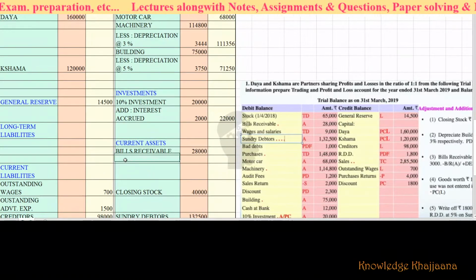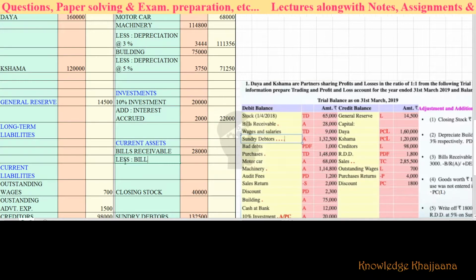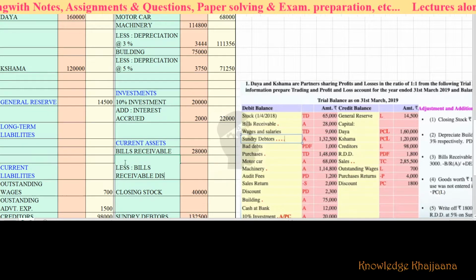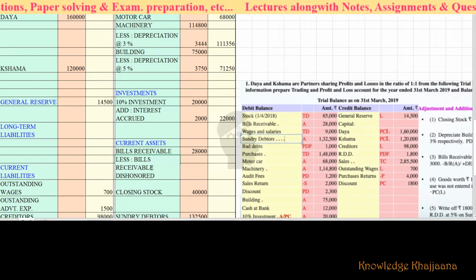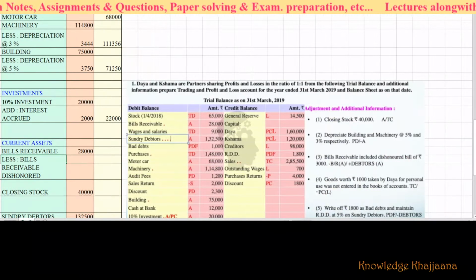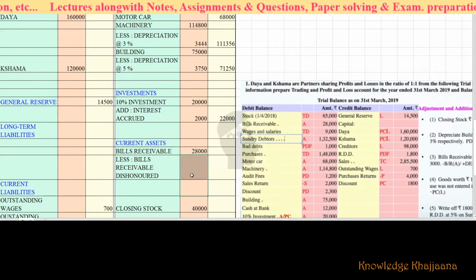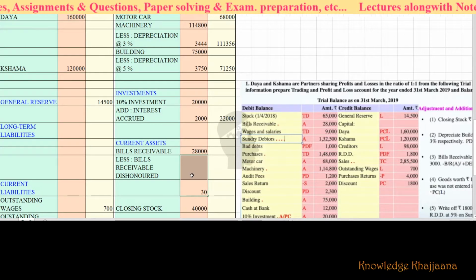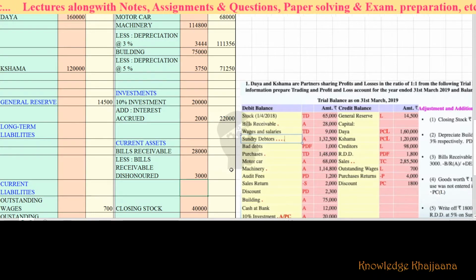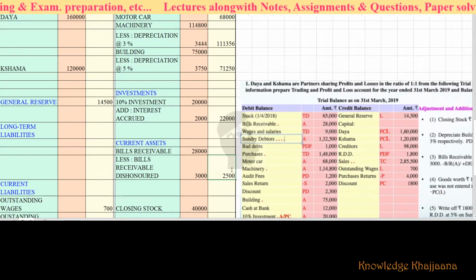So we have to deduct, less bills receivable dishonored of rupees 3,000.